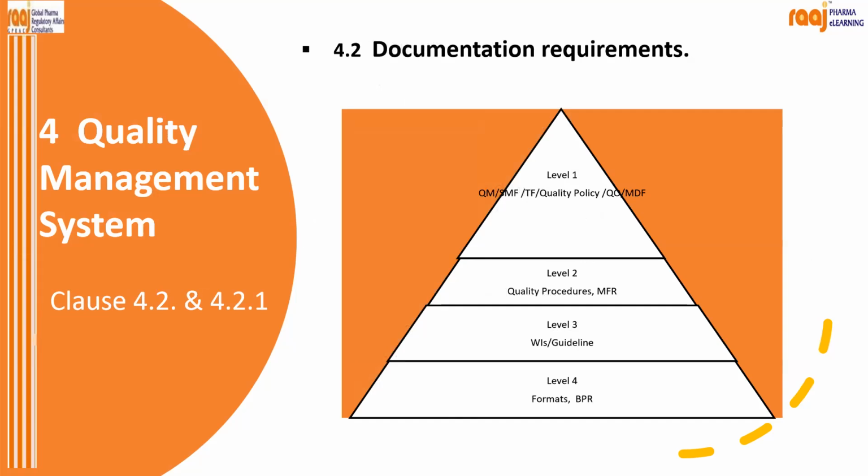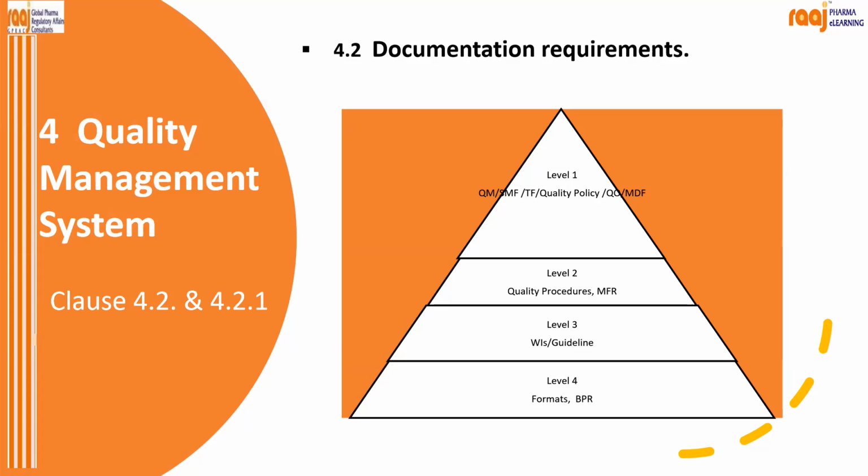Level 1, level 2, level 3, and level 4. If you see, all the policy, the quality manual, site master file, plant master file, technical file, all these go under level 1 document. And level 2 is your quality procedure, SOP. All your SOPs, master formula record, manufacturing record.